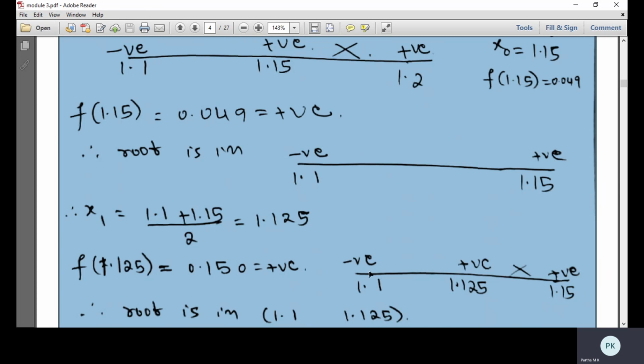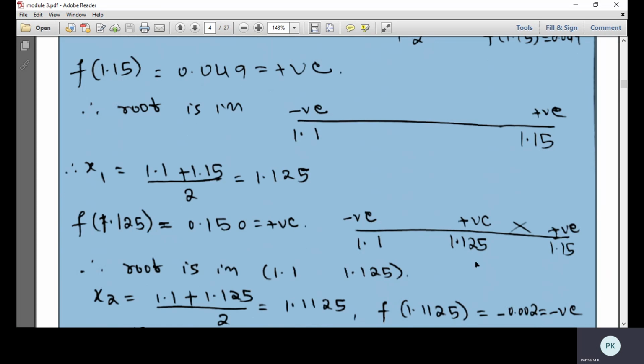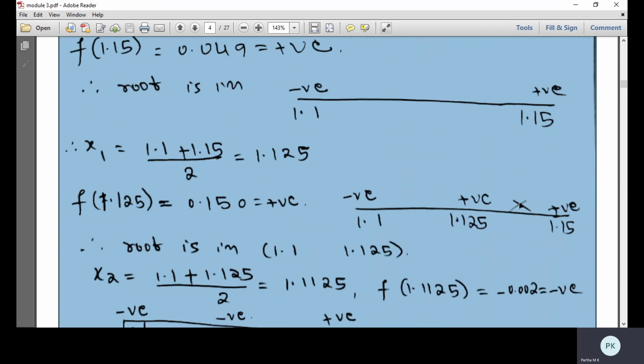1.1 negative, I have written. 1.15 here, positive, I have written. Next, what is the middle value? 1.125. For that also you have a positive value. Now, what does this indicate? There is no root between these two.